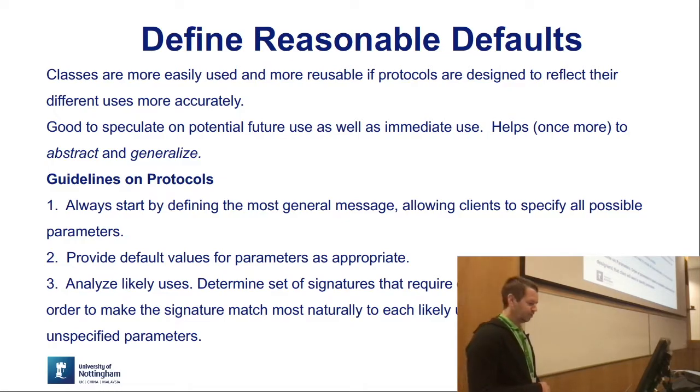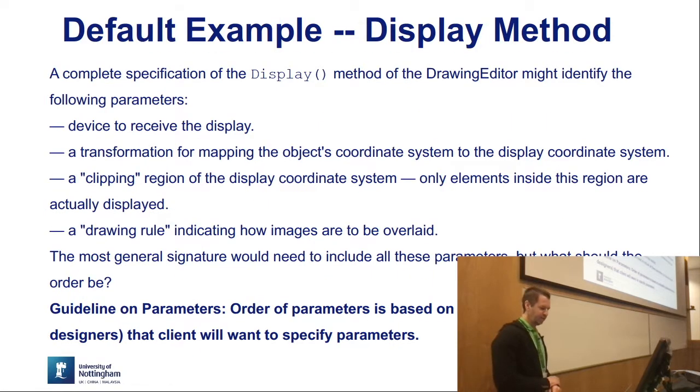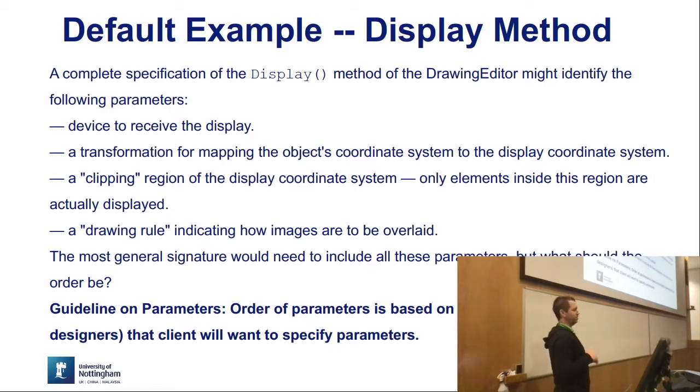So for example, coming back to the display method, the drawing editor might identify the following parameters. The device to receive the display, maybe it's a desktop, maybe it's a laptop, maybe it's a phone. A transformation mapping each object's coordinate system to the display coordinate system, right? A phone coordinate system might be different than a desktop coordinate system.